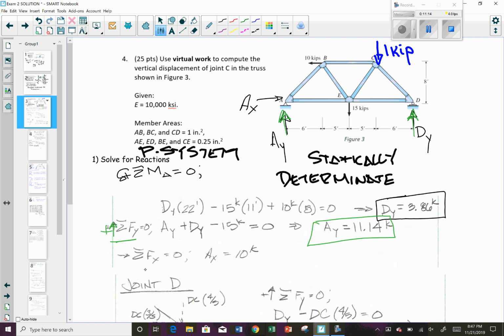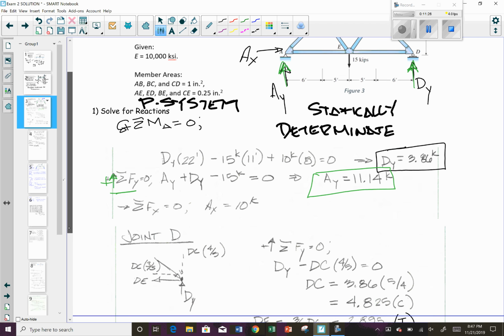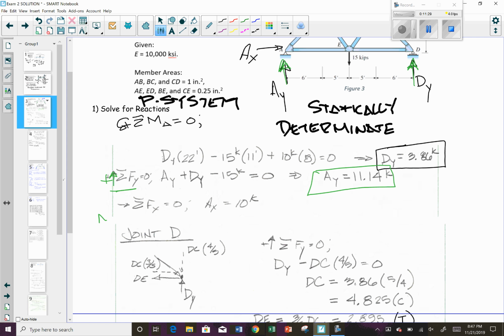In the x direction, my Ax is just equal to the 10 kip load here, and it's going to be equal and opposite to that direction. So then solve for reactions. So then the next step is going to be do method of joints to solve for member forces.